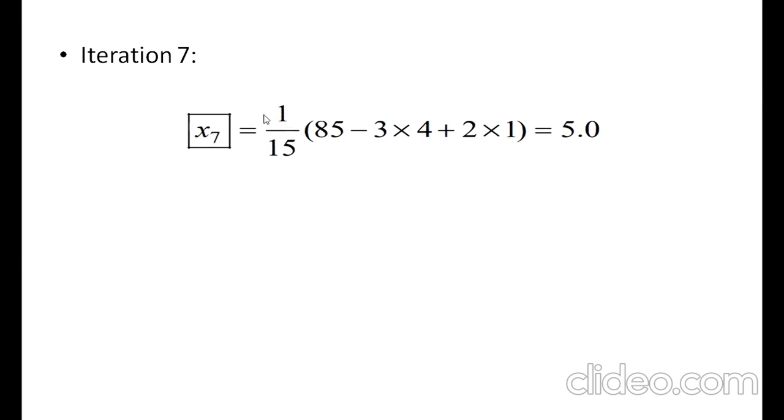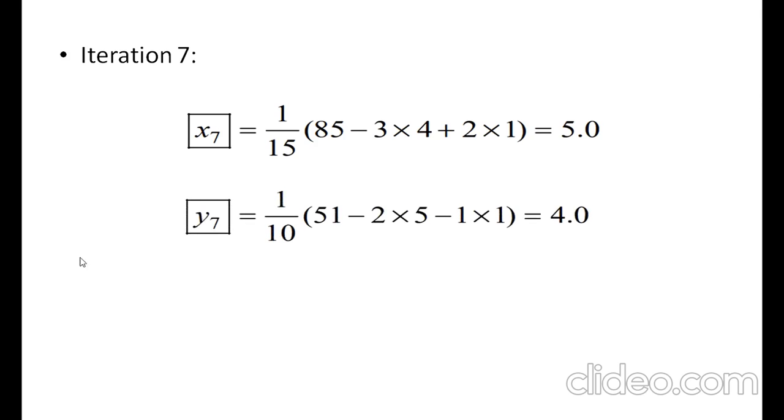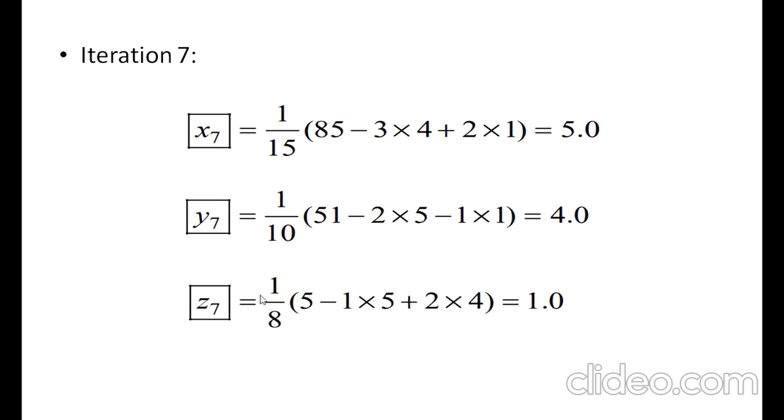7th iteration, x7 is equal to 1 upon 15 in bracket 85 minus 3 into 4 plus 2 into 1, which is equivalent to 5. y7 is 1 upon 10 in bracket 51 minus 2 into 5 minus 1 into 1, which is equivalent to 4. z7 is 1 upon 8 in bracket 5 minus 1 into 5 plus 2 into 4, which is equivalent to 1.